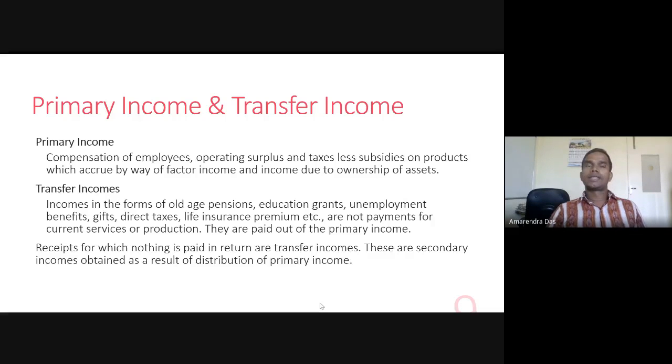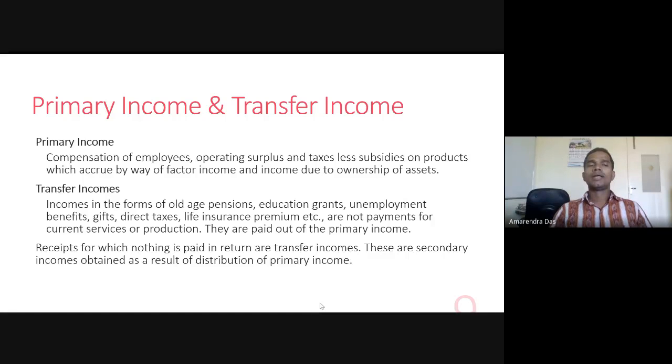So either you are working as a labor, or you are working as a professional, or you are investing the capital and you are getting the return on the capital, and then the taxes minus subsidies. These are basically the primary incomes.